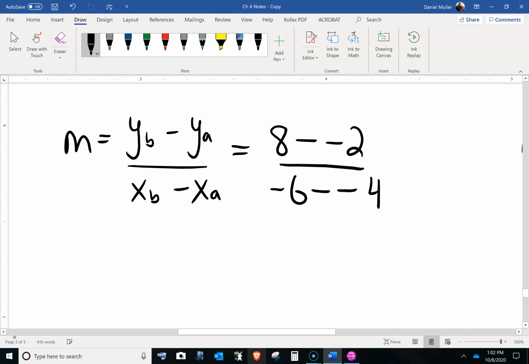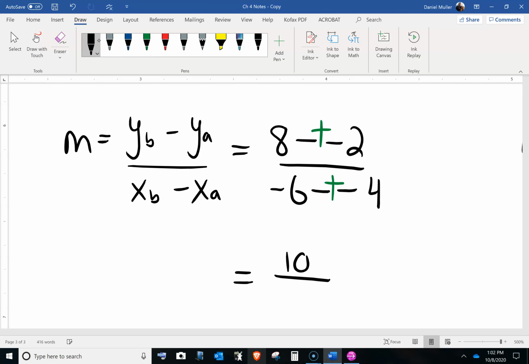Okay, so you can see here, obviously things are getting more complicated, but we're having double negatives and more negatives show up. Now, whenever you have two negatives beside each other, you're subtracting a negative, that's addition. Same with down here. That's going to be an addition. So 8 plus 2 is going to be 10.